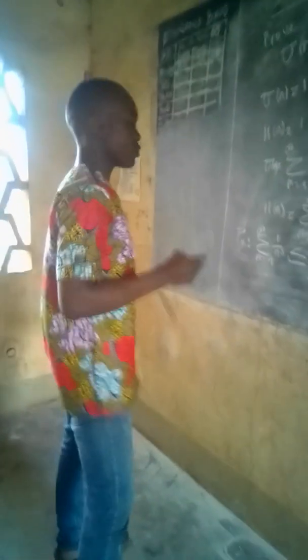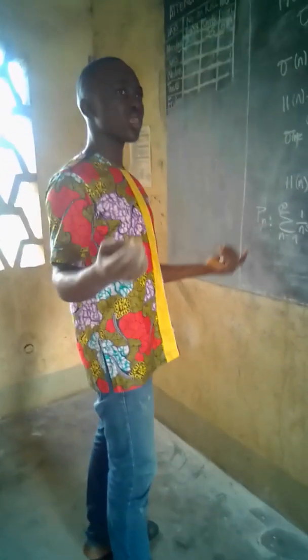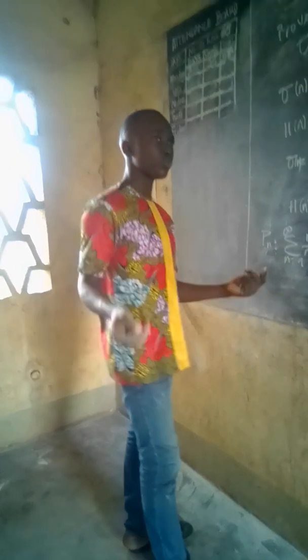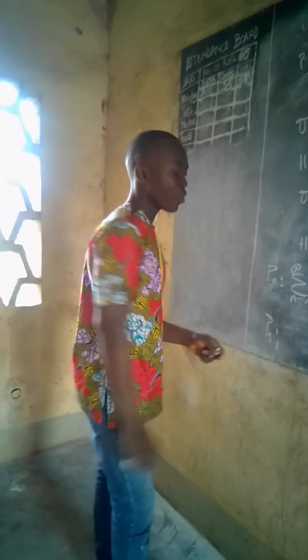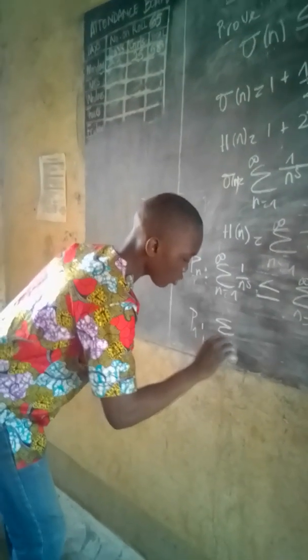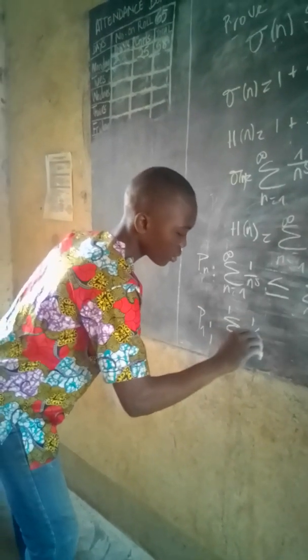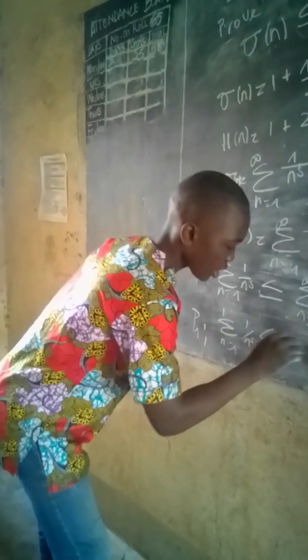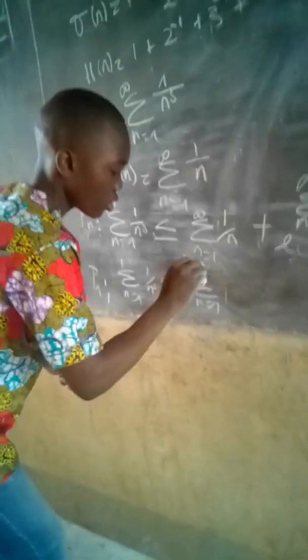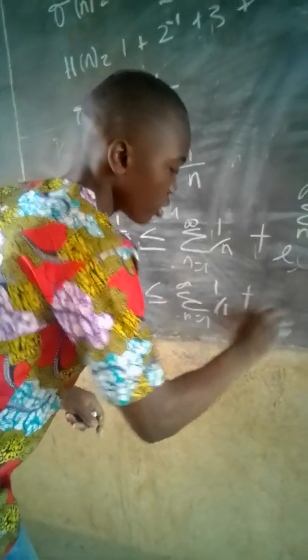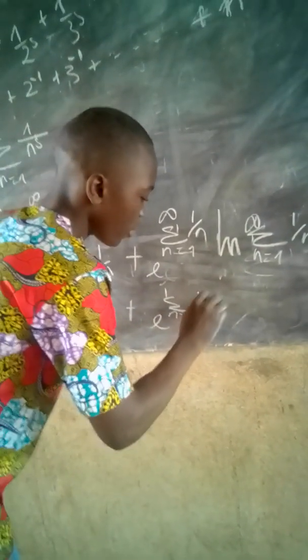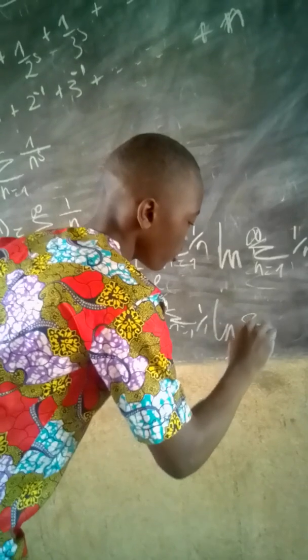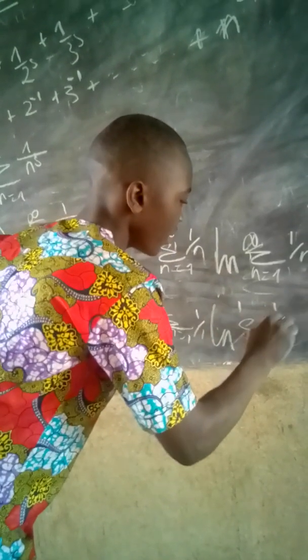We will prove it starting with a digit. Let us take any digit, like 1, so that it should be very fast. Let us say P of 1. P of 1 will be the summation from n equals 1 to 1, which is the same as 1, less or equal to the summation from n equals 1 to 1 of 1 divided by 1 plus e to the power the summation from n equals 1 to 1 of 1 divided by 1, ln of the summation from n equals 1 to 1 of 1 divided by 1.